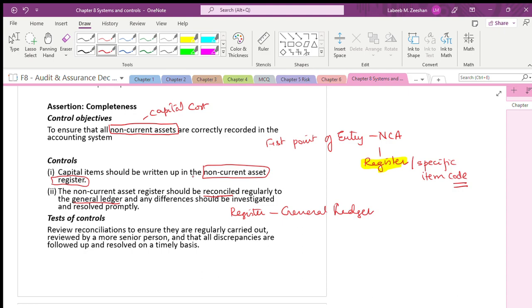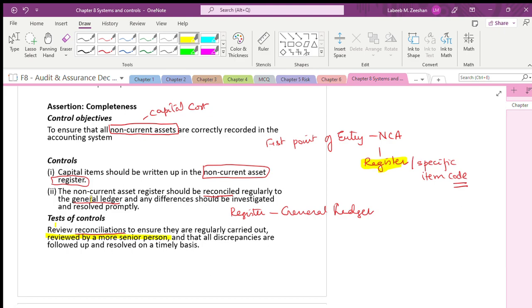What is the test of control? The test of control is that we do a reconciliation to ensure that the register and the general ledger match correspondingly. The benchmark says that we are not only doing reconciliation, but the reconciliation should also be reviewed by a more senior person.